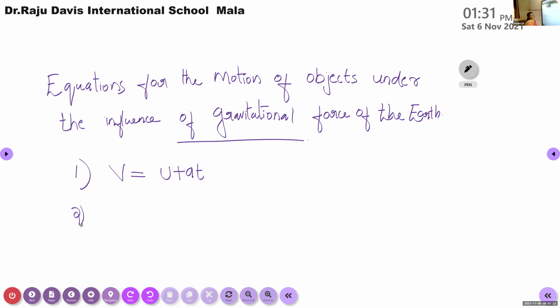What is the second equation of motion for the straight line motion of an object? The term examinations are over, and you almost forgot the first term portions. V is equal to u plus at is the first equation.